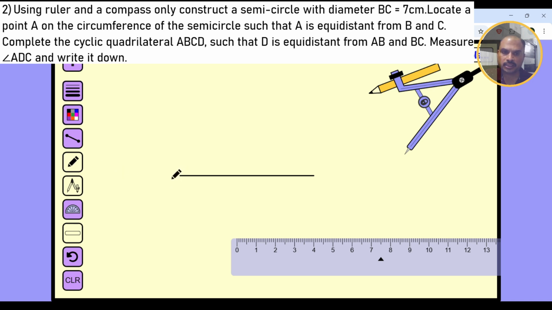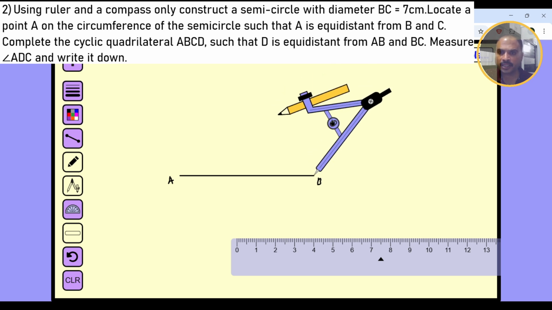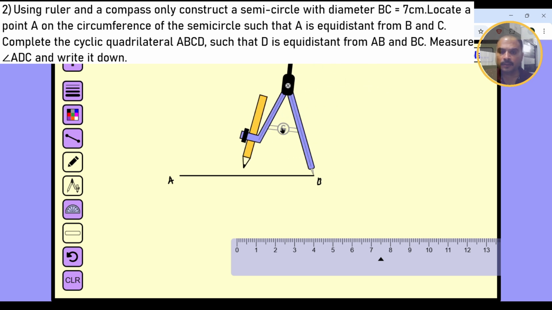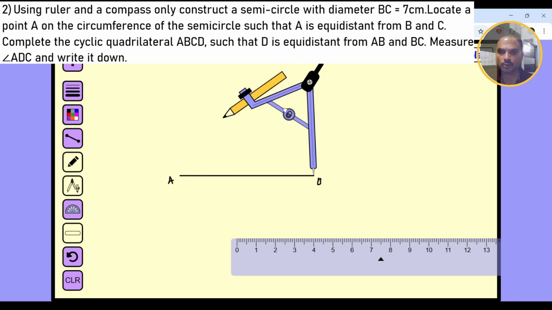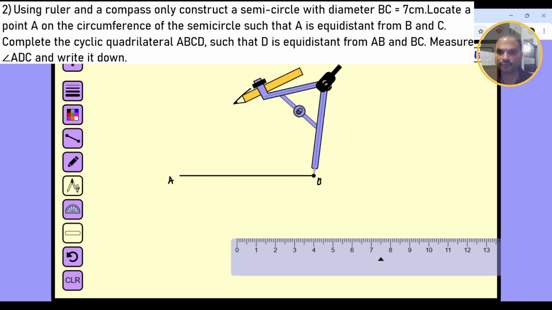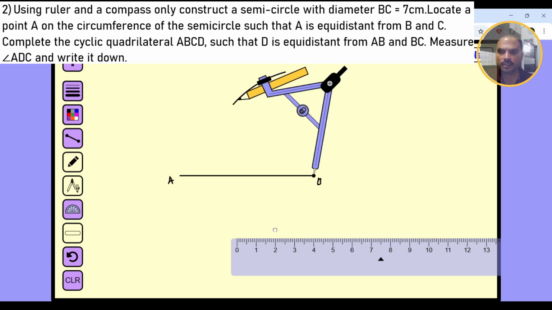So I'll call this A and B. I need to draw the semicircle, which means I need to identify where the center is. The center is to be identified by drawing the perpendicular bisector. Don't simply locate the center of AB. You have to draw the perpendicular bisector of the line AB.